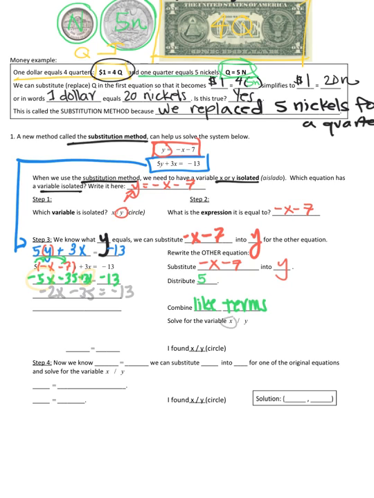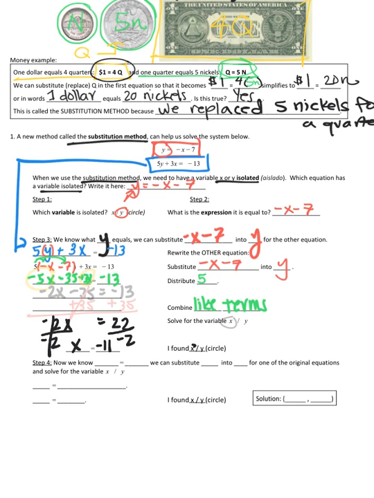So I'm going to solve for the variable x. Let's add 35 on both sides. I have negative 2x is equal to 22. And then I'm going to divide both sides by negative 2. And I have x equals negative 11.